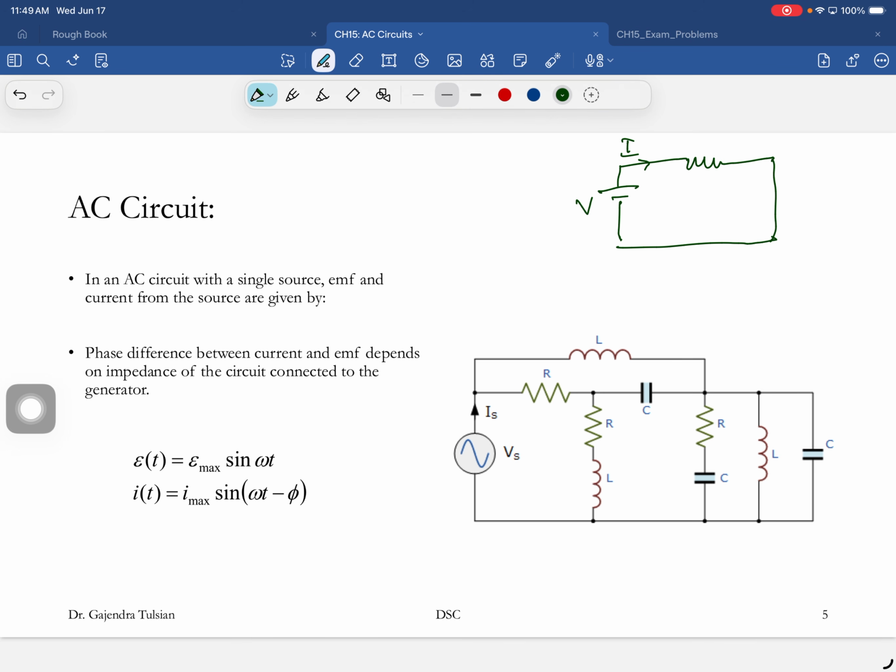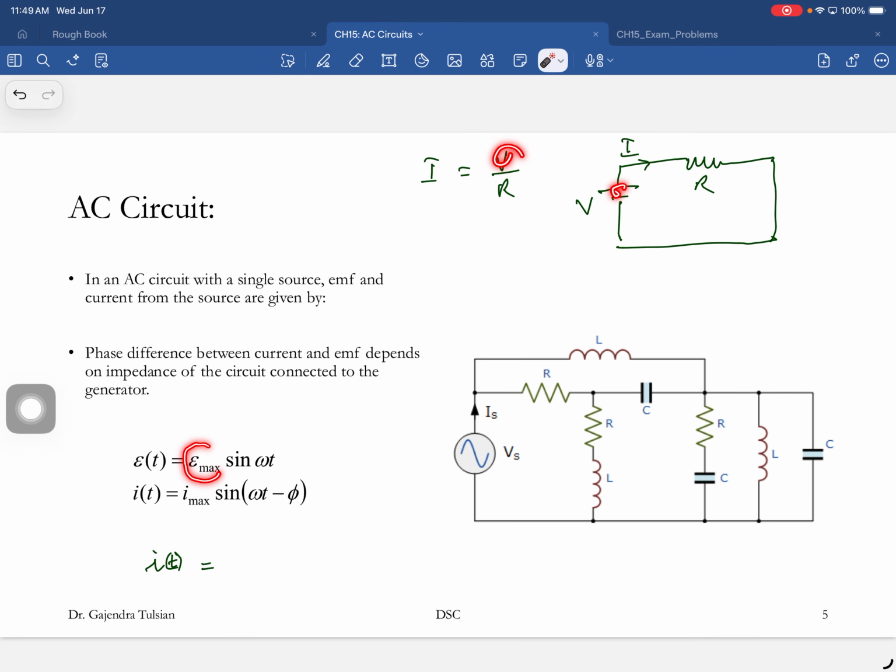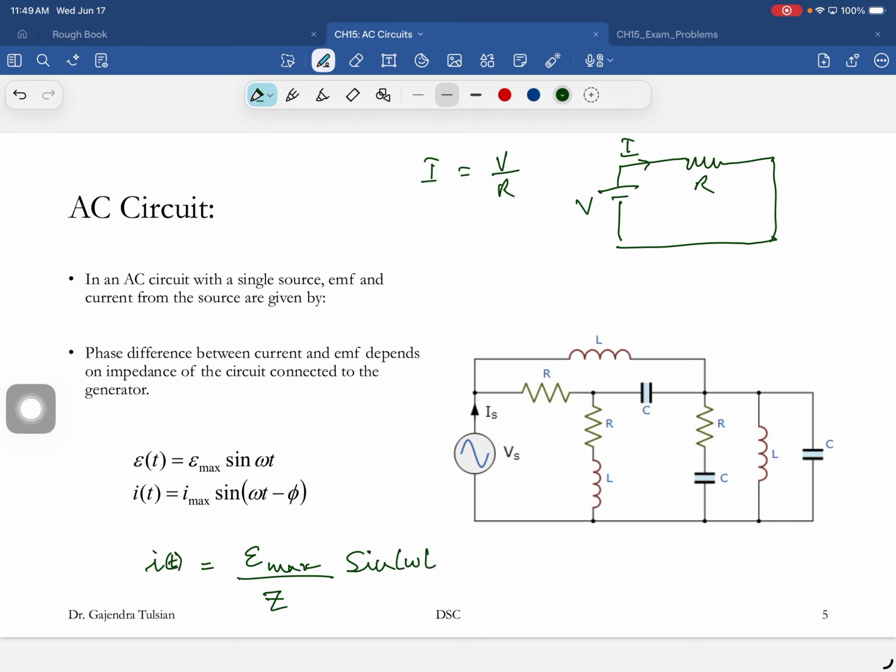So for this DC circuit, the current was V over R. In this case, the current is the amplitude of V over Z, sine omega t minus phi.